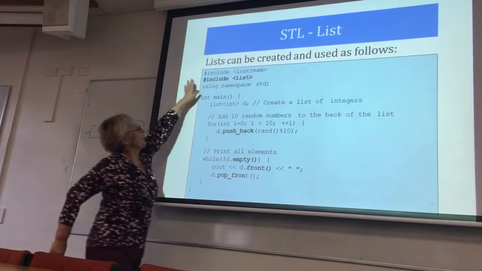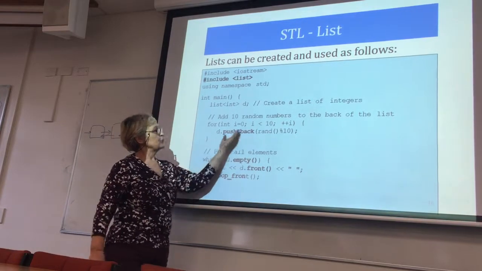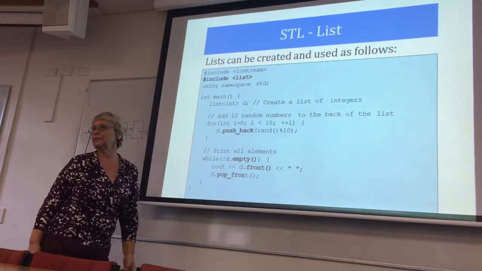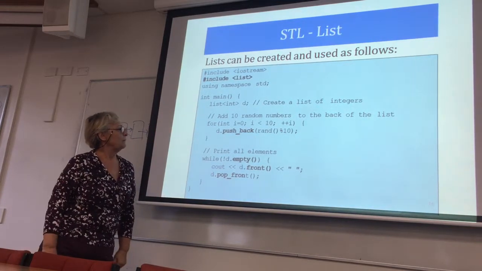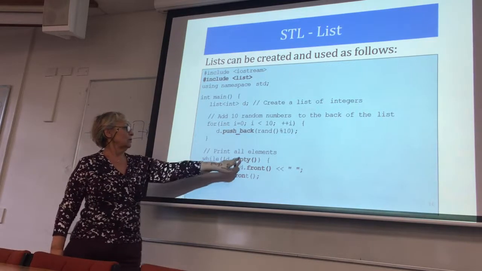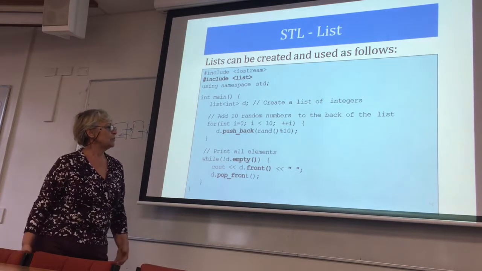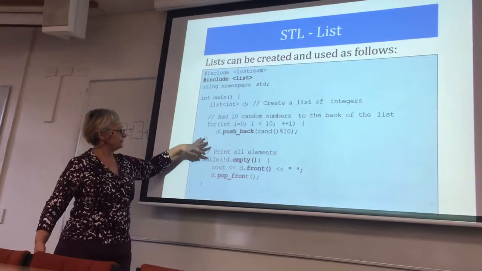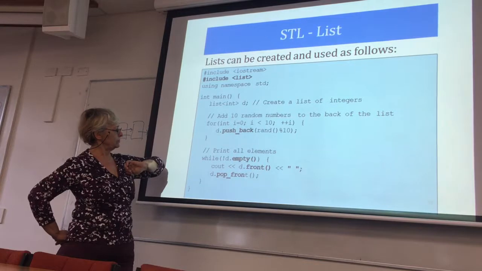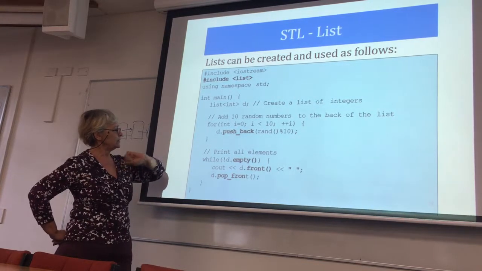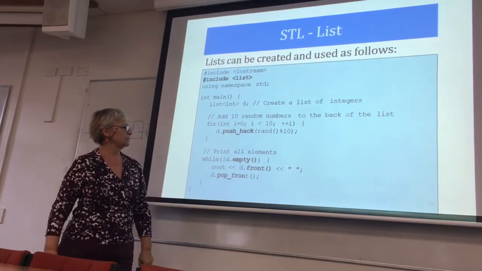Include list, declare the variable, and you have push back, like for the vector, if you want to construct your list. It comes with an empty method, and normally you do something like this in a while loop, or whatever other iteration you want, as long as you have elements in the list, not empty.